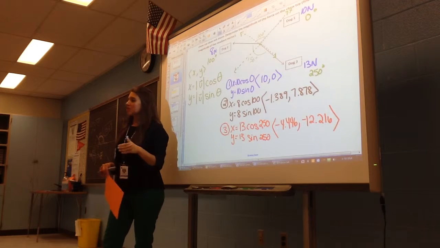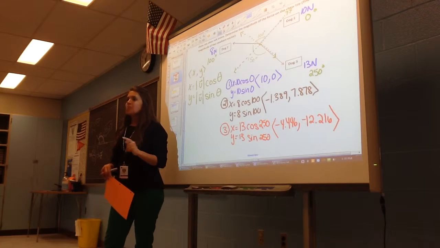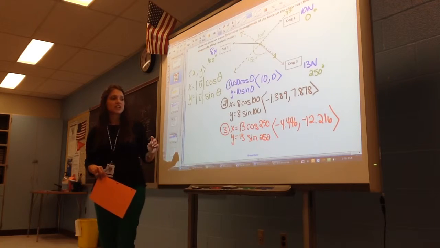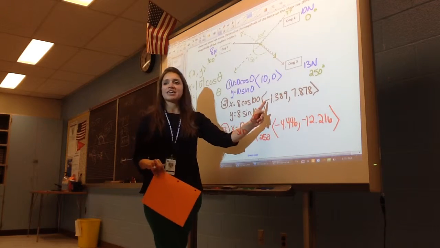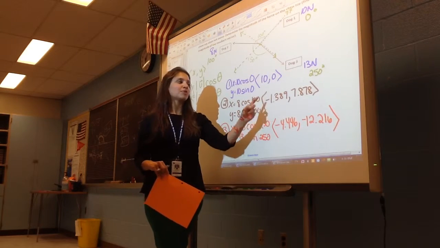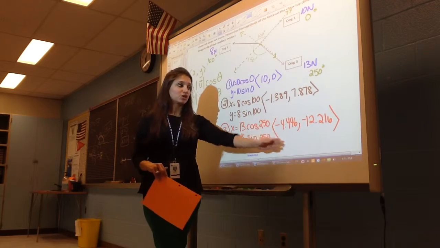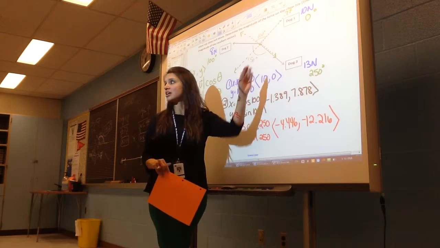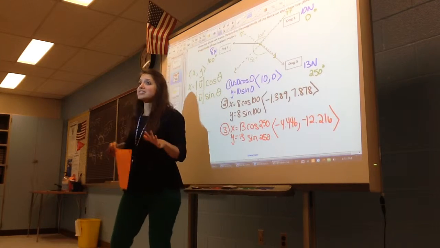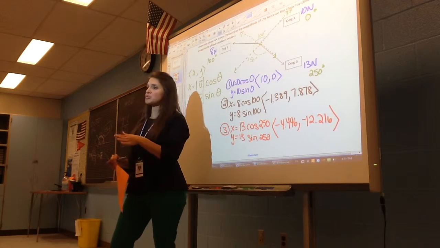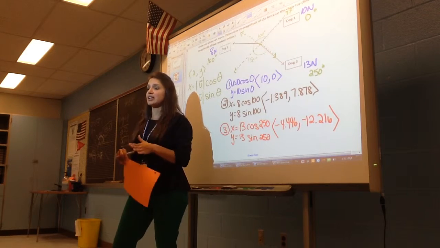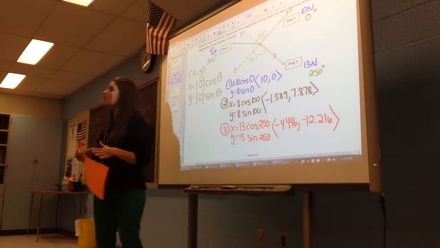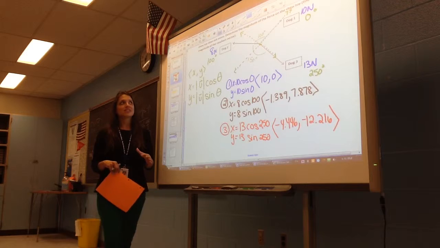A lot of you haven't been using your angles from standard position. You've just been using a reference angle. That's okay. However, when we use it from standard position, your calculator knows, oh, that means I'm in the second quadrant. Oh, or that means I'm in the third quadrant. And so you don't have to think about your negatives. On your last test, a lot of you missed these problems because you didn't account for a negative. You didn't account for what quadrant the vector is in.